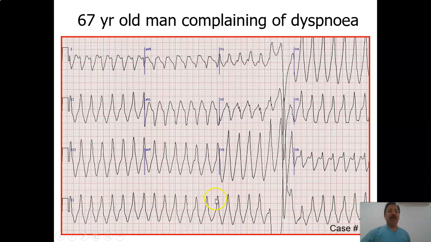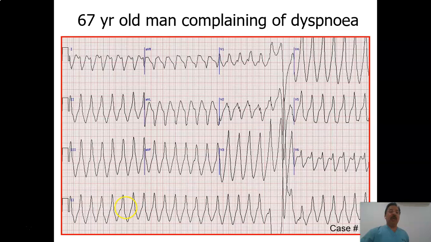For the rate and rhythm, let's focus on lead 2 at the bottom, and it looks like regular complexes, and the rate is close to 200, 220 something, very fast, and these are wide complex tachycardia. No P waves are seen. So this is wide complex tachycardia, probably ventricular tachycardia.